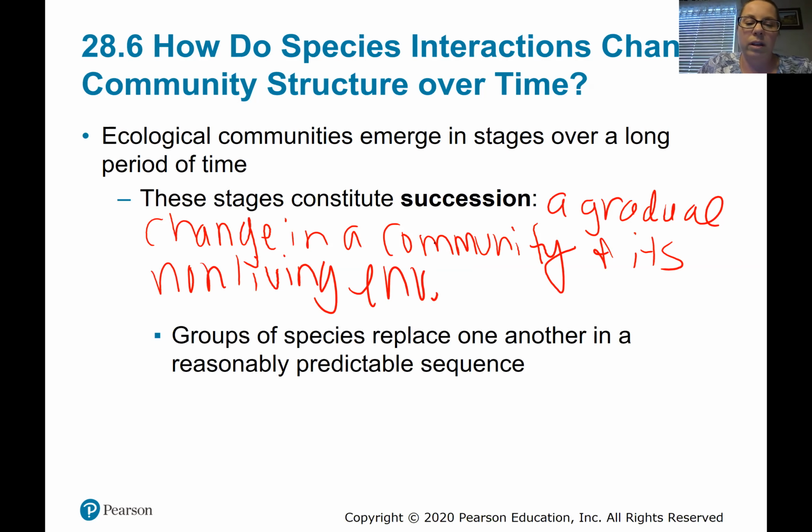And so this is when a group or groups of species gradually replace one another in a predictable sequence.